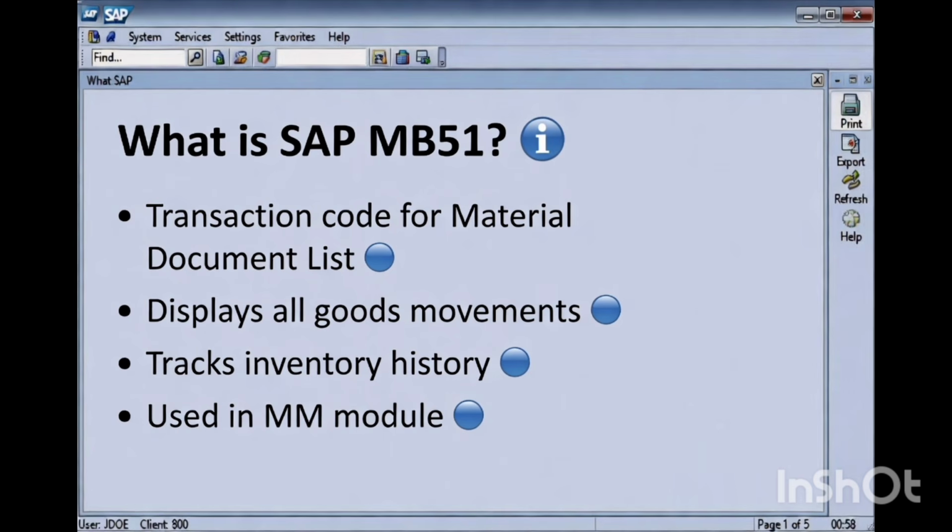This transaction is extremely powerful because it allows you to track the complete history of any material's movement. It is part of the Materials Management module and it is being used daily by thousands of SAP users worldwide to monitor inventory transactions. So, in the picture you can see the summary of MB51 usages.